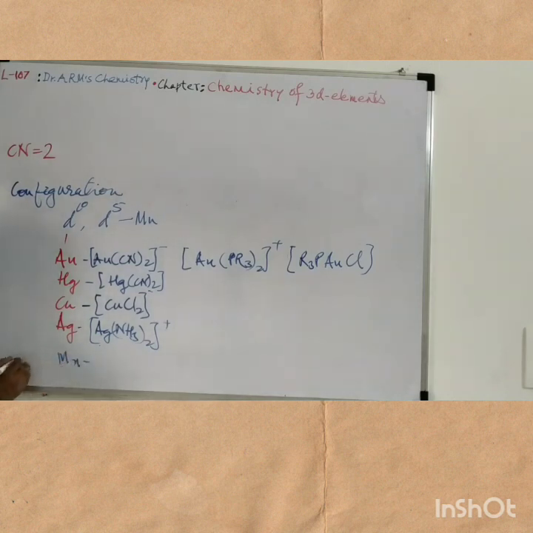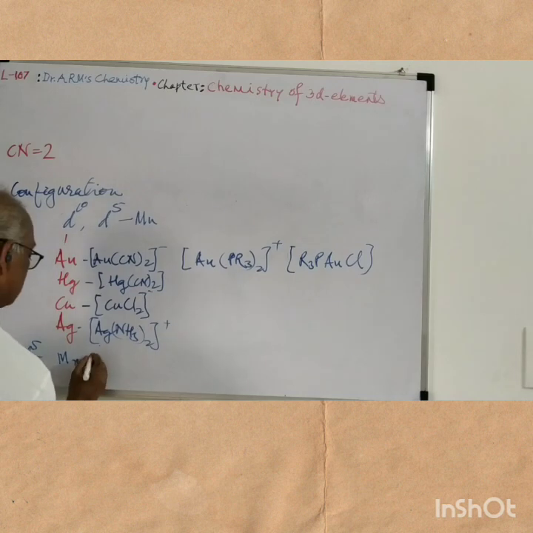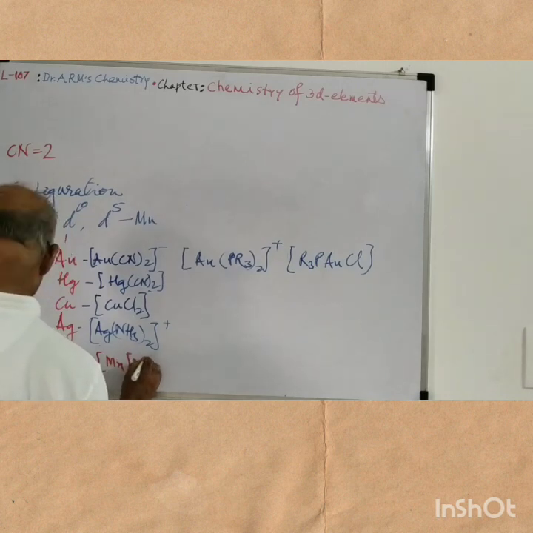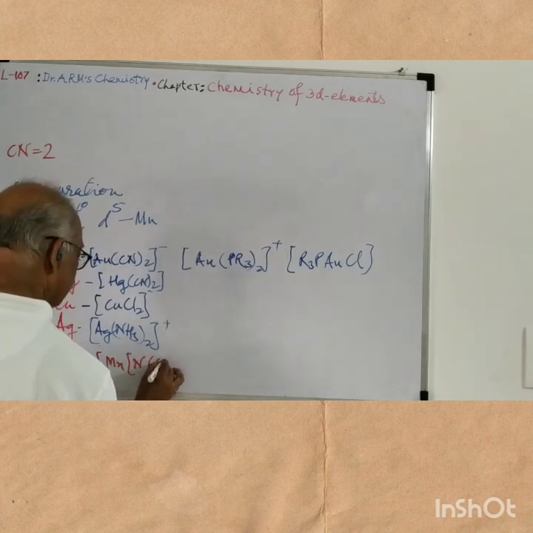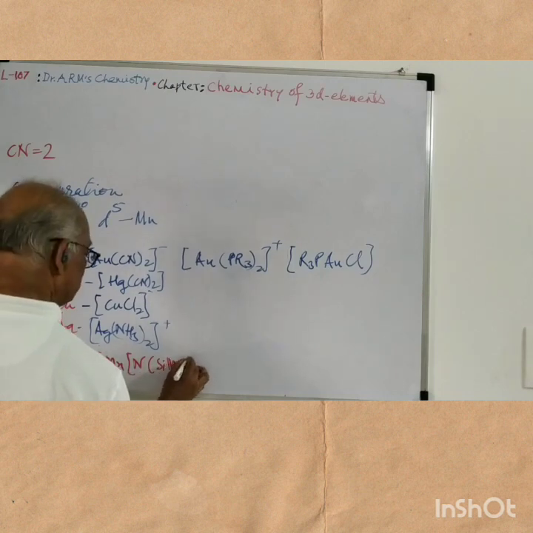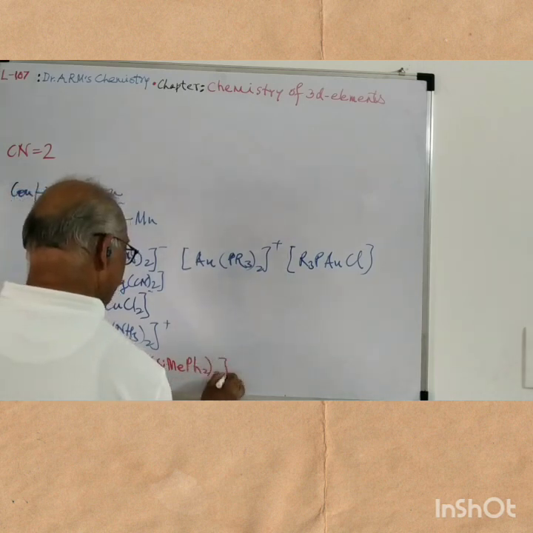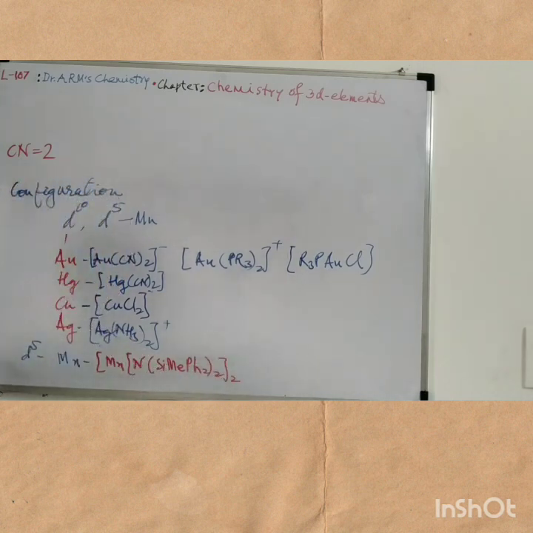Here the configuration is d5 as we have seen here. So we will have this example, Mn(N(SiMePh2))2.